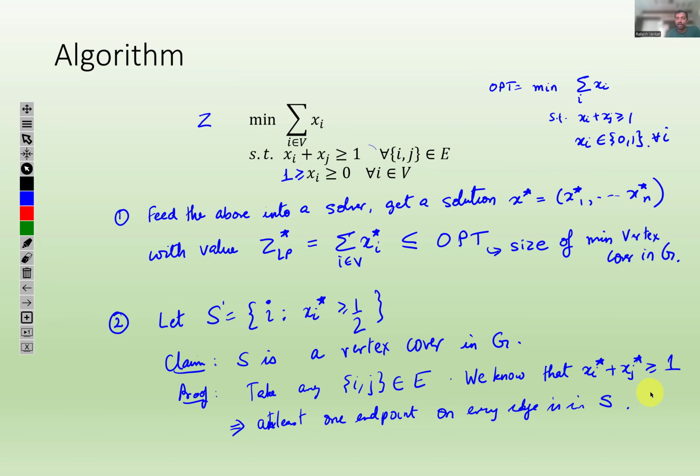Now, how do I guarantee its size? I want S to be as small as possible. Why is the size of S small?